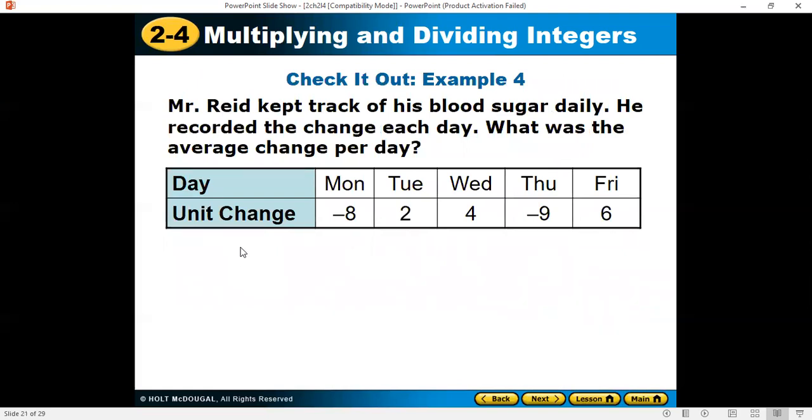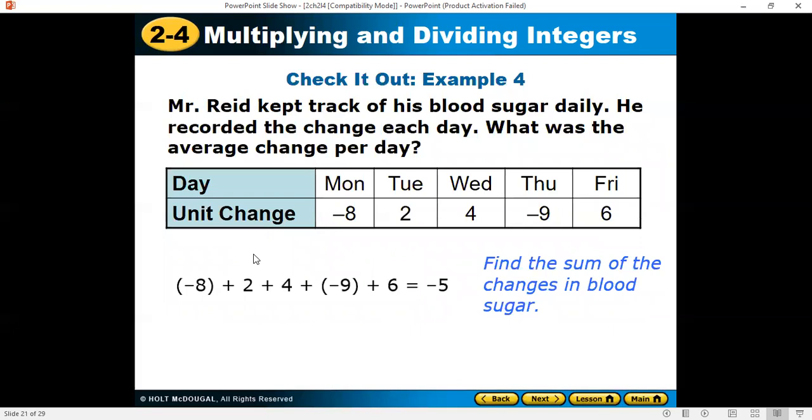One more question, and you will try to do it by yourself. Mr. Riyad kept track of his blood sugar daily. He recorded the change each day. What was the average change per day? Here I have the word average and the words per day, which means I'm going to find the sum of the changes in the blood sugar.